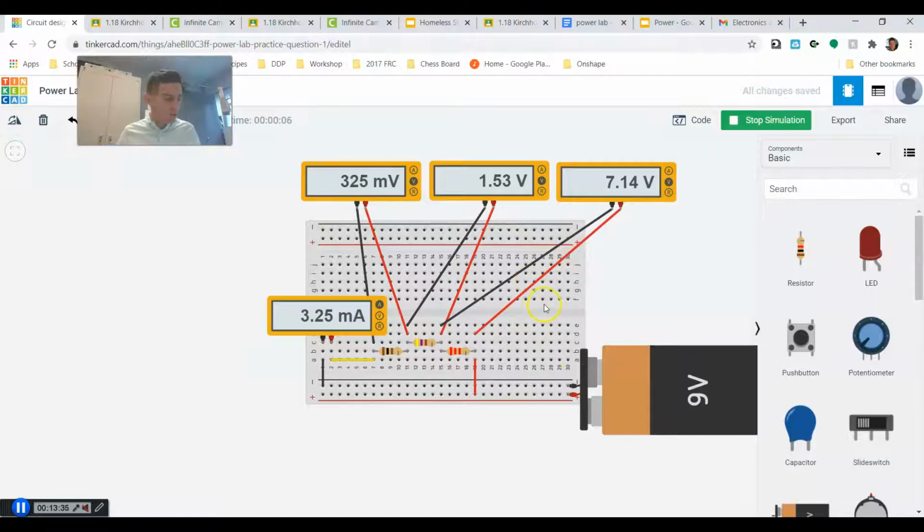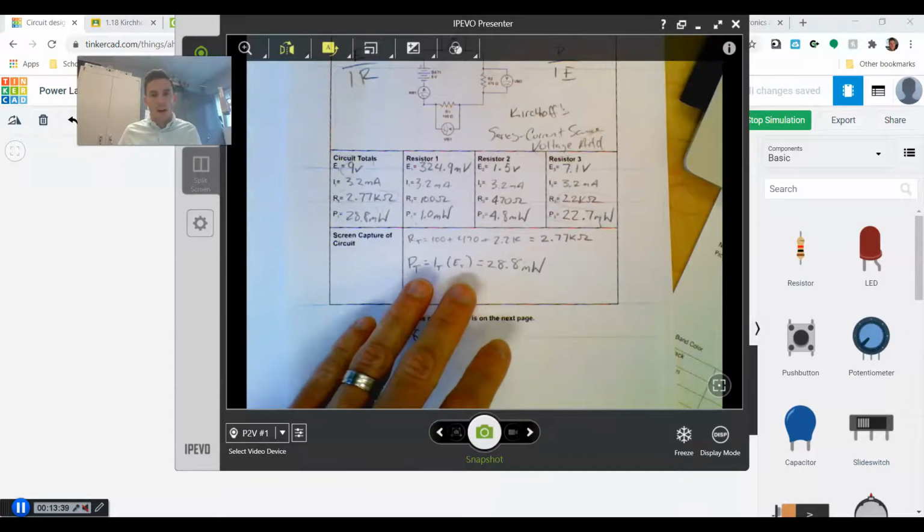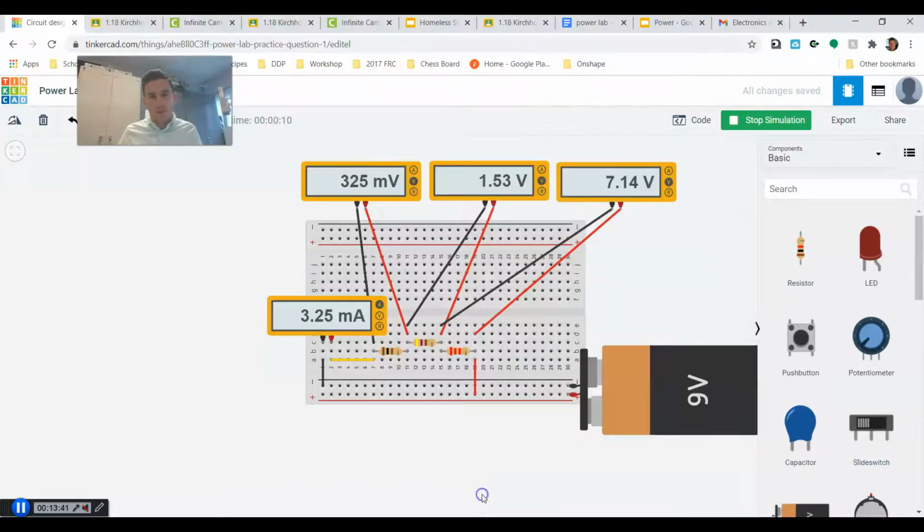Let's compare these to what I have down here. I can't really show you both very easily, but I can read it. For resistor 1, for my voltage, I have written down 324.9 millivolts. Here we're reading 325. That's slightly different due to rounding, but it's the same number.